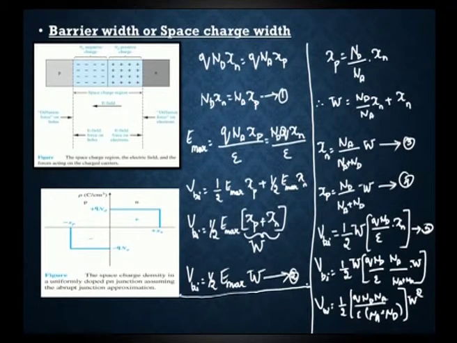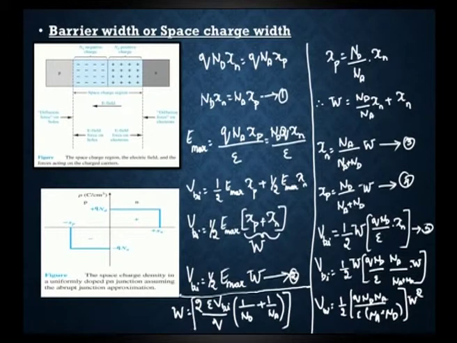Finally W can be written as W is equal to 2 epsilon Vbi divided by Q into 1 by Nd plus 1 by Na, to the power of 1 by 2. This is the barrier width expression.